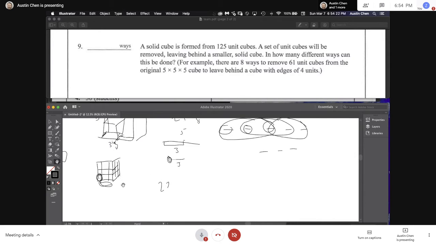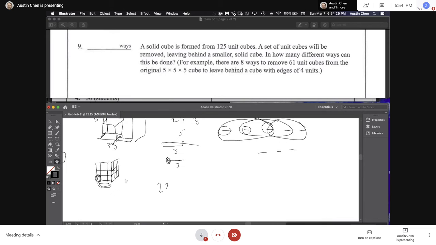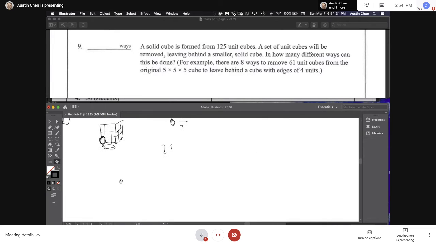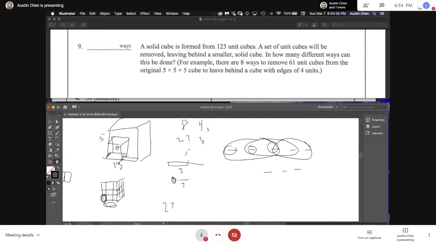And then for our 2 by 2 by 2, we can do the same thing. This time it's going to be a 4 by 4 by 4 inside of our 5 by 5 by 5, right?